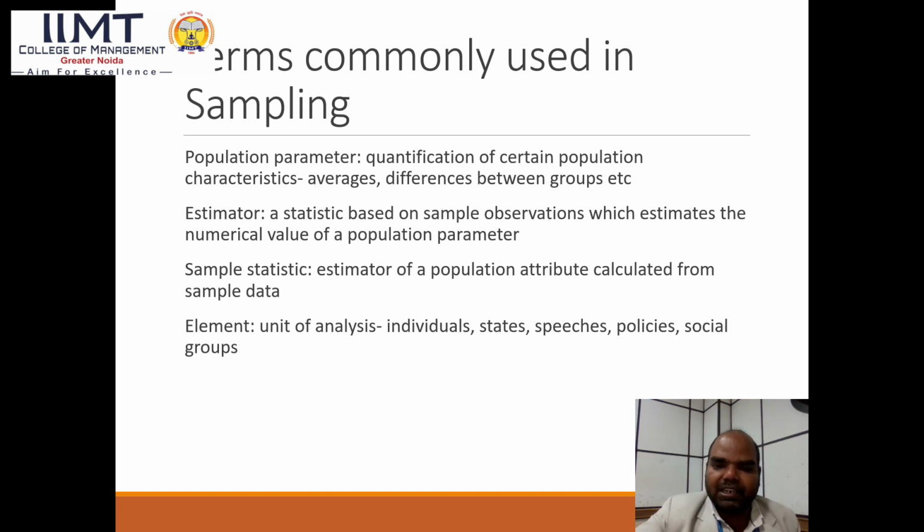Sampling statistic, an estimator of a population attribute, is calculated from sample data. And what is an element? Element is the unit of analysis: individuals, states, speeches, policies, social groups, political groups, ethnic groups.